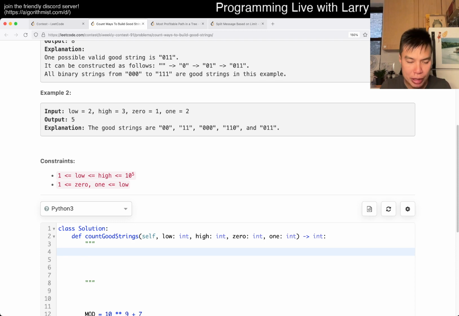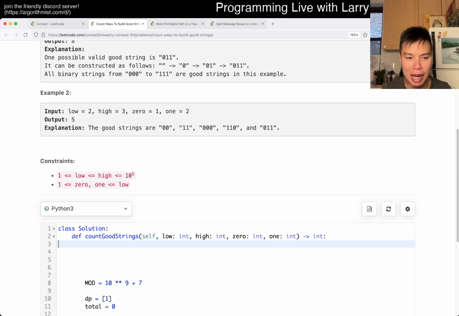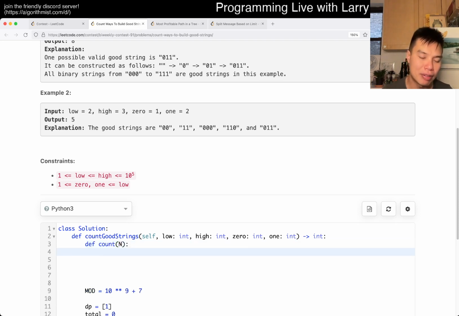The recursive function may look something like: how many are there of length n? Let's just say O is equal to 1 and Z is equal to 0, right?